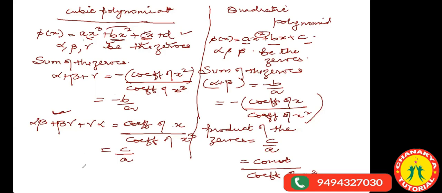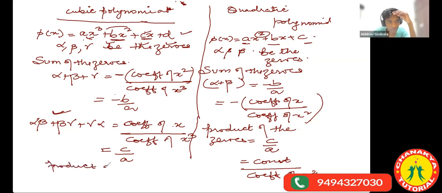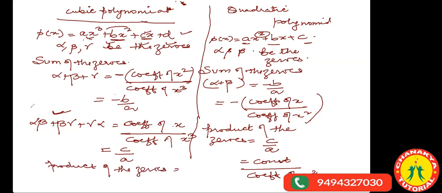Okay. Now next is the product of the zeros. Last is the product of the zeros. Alpha beta plus beta gamma plus gamma alpha is the partial sum, or you can say partial product, because we are multiplying only two variables together.